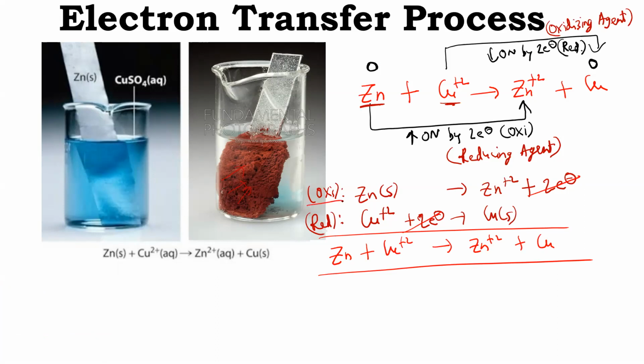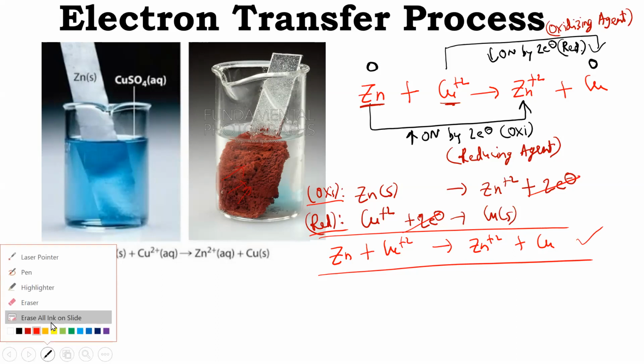So this was the reaction of oxidation, this was the reaction for reduction, and this is how you write the overall reaction. And please remember, zinc is the reducing agent here and copper is the oxidizing agent here, right? So I hope this is clear to you. Please mark my words, because only simple questions like this will be asked.